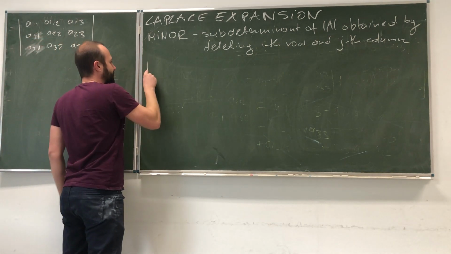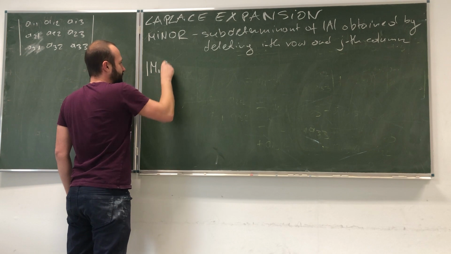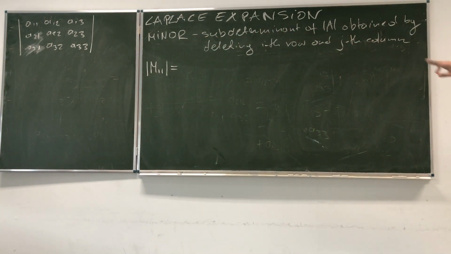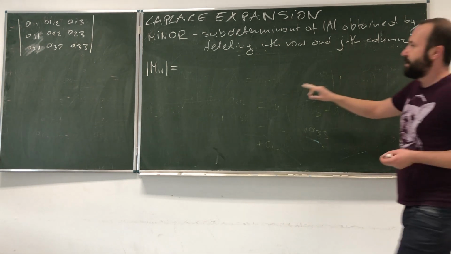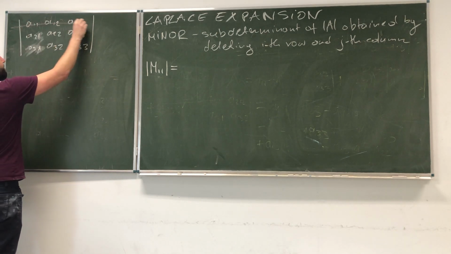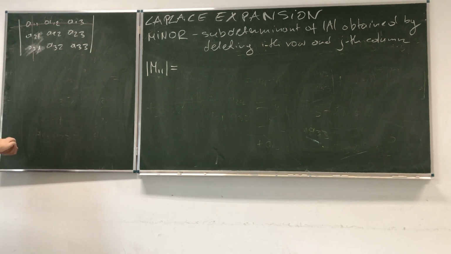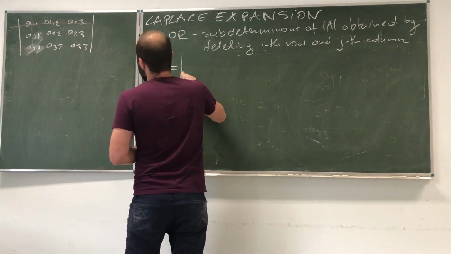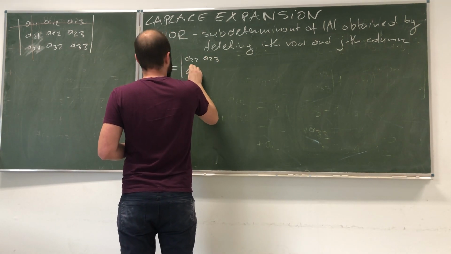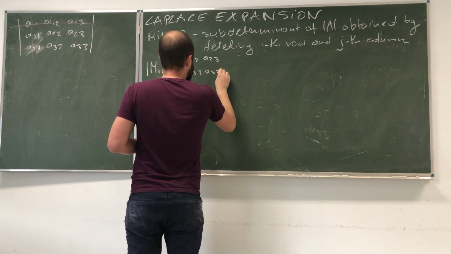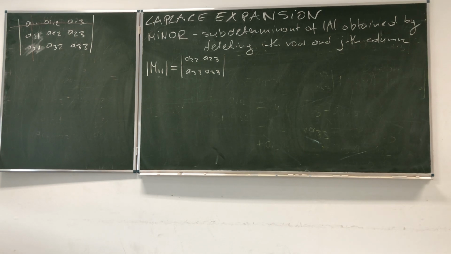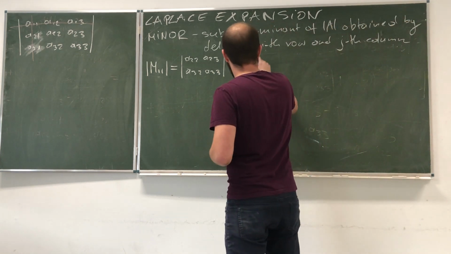If I want to find minor 1,1, what do I need to do? Look, it tells me that I need to delete the i-th row and j-th column. So in this case, all I need to do is to delete the first row and first column. And what I get left is minor 1,1.